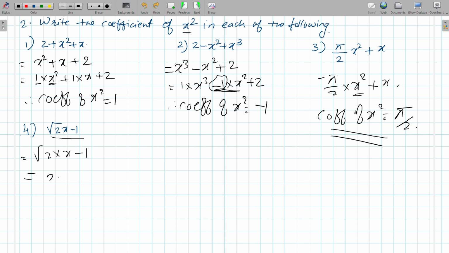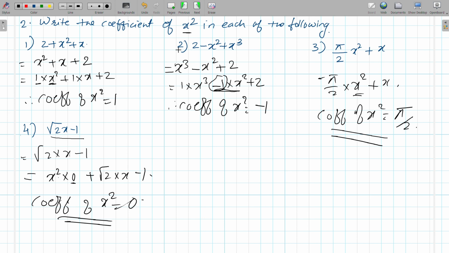Or I can write it as x square into 0 plus root 2 into x minus 1. Now what is the coefficient of x square here? It is nothing but 0. So coefficient of x square is equal to 0, right? Because anything multiplied by 0 is what? 0. So this is about your second question.